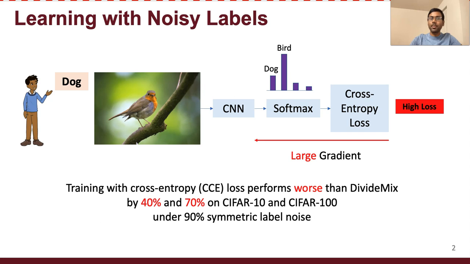Okay, and in the backward pass, it will still get a large gradient, which is obviously the wrong direction in this case.